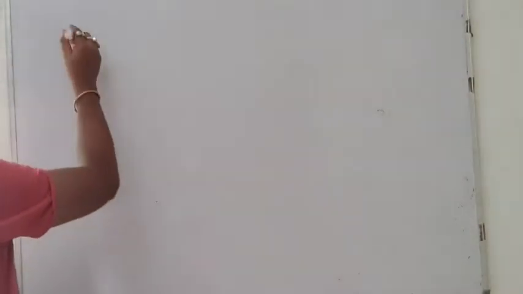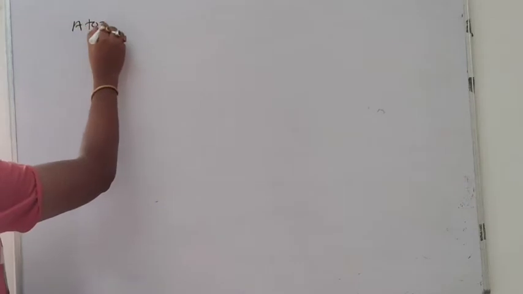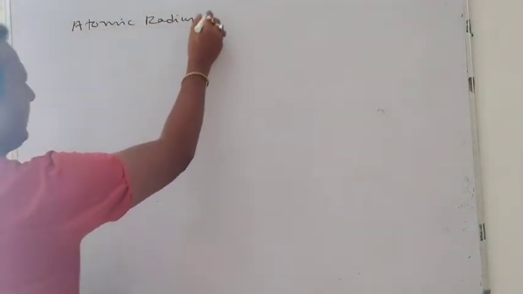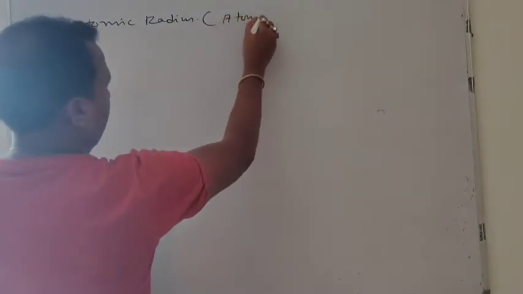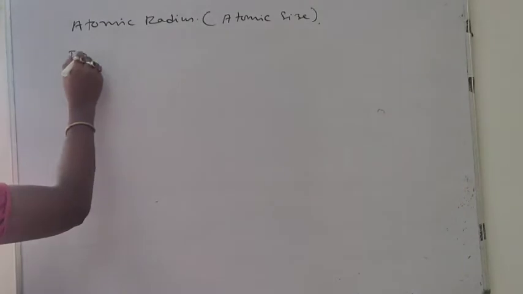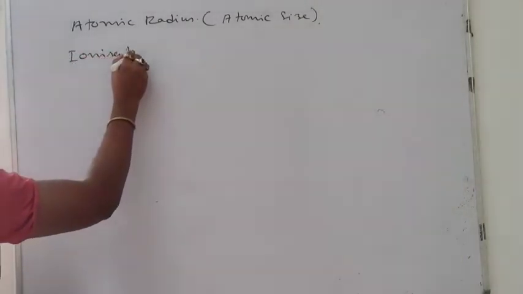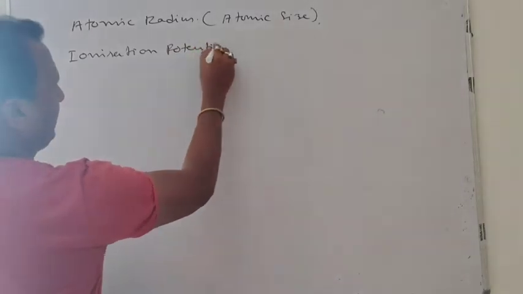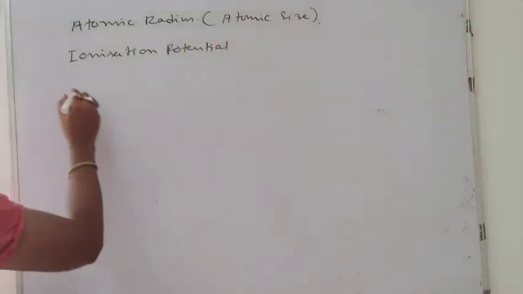Now, many more periodic properties are there, just like atomic radius. Atomic radius, sometimes it is referred to as atomic size also. Next one is ionization potential or ionization energy.